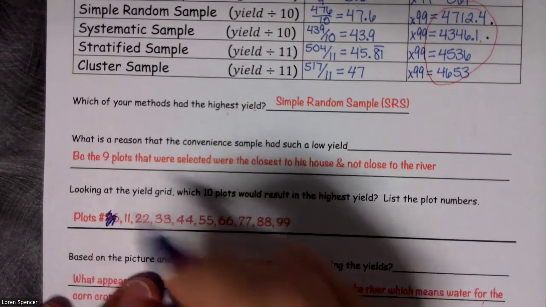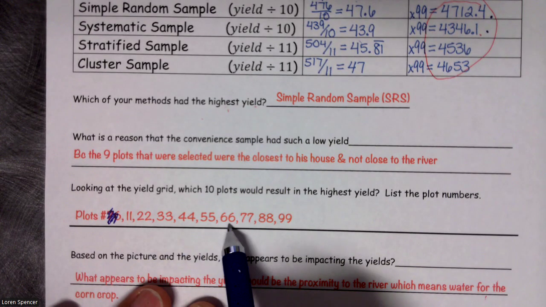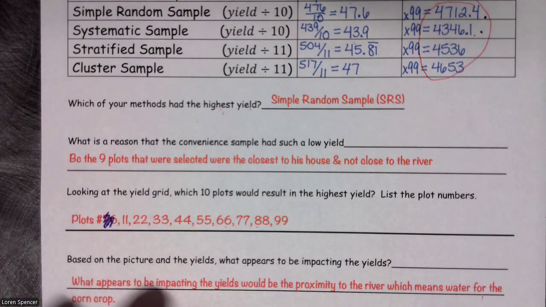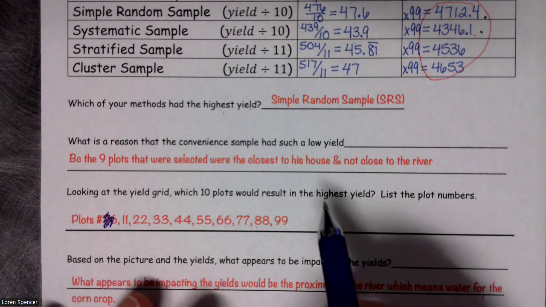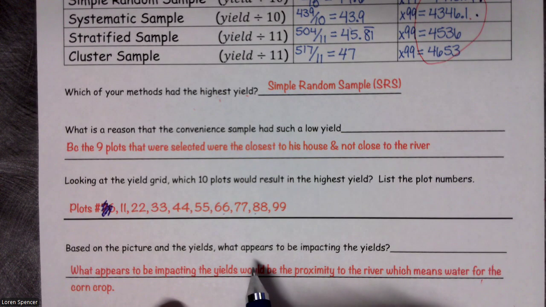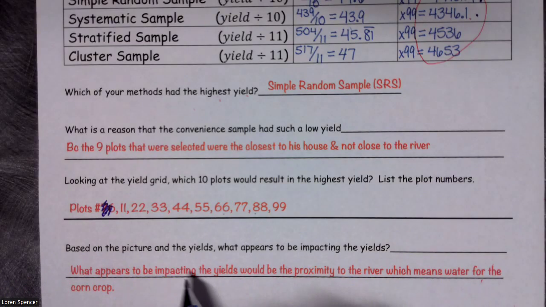Those that were closest to the river. Based on the picture and the yields, what appears to be impacting the yields? What appears to be impacting the yields is how close it is to the river, which means water for the corn crop.